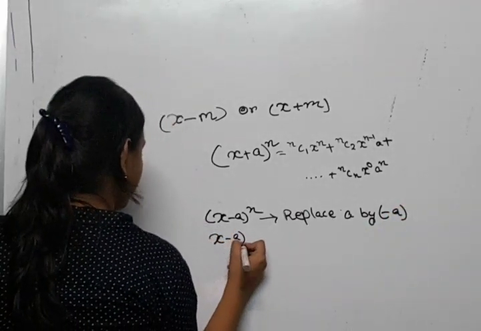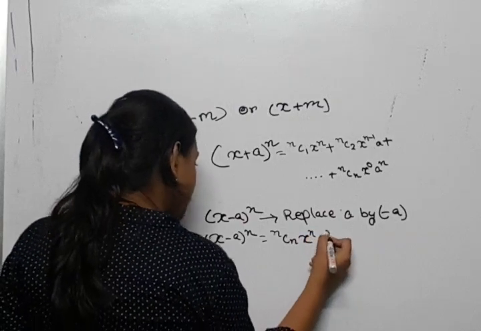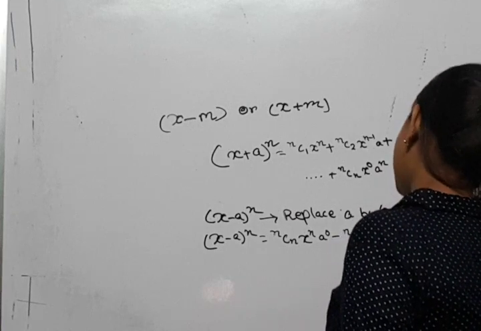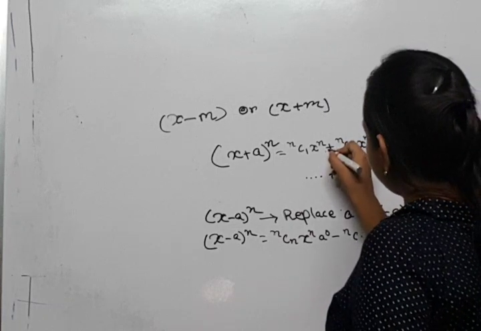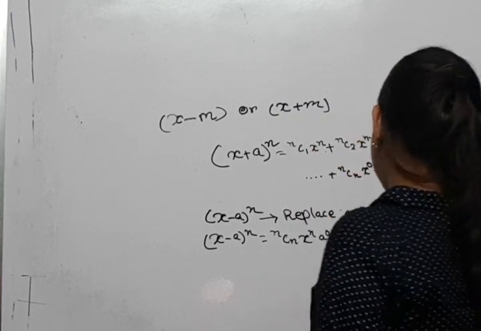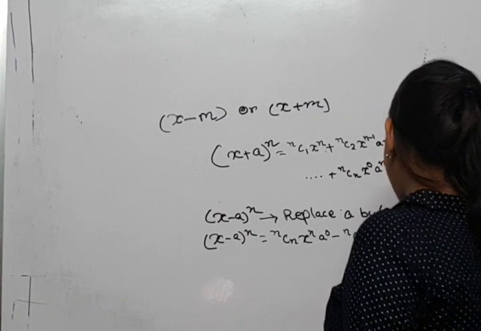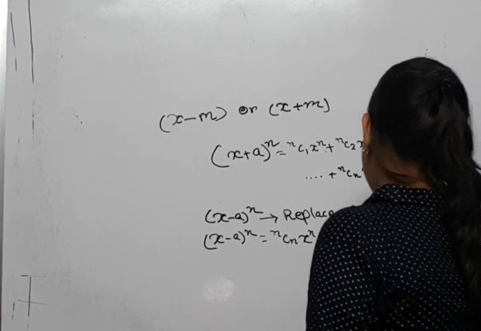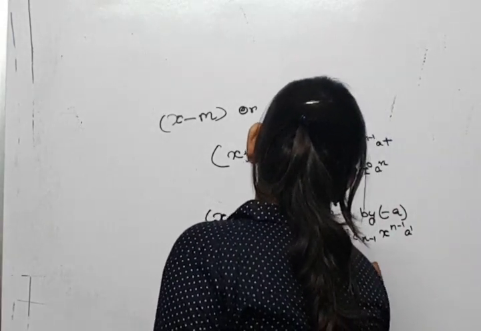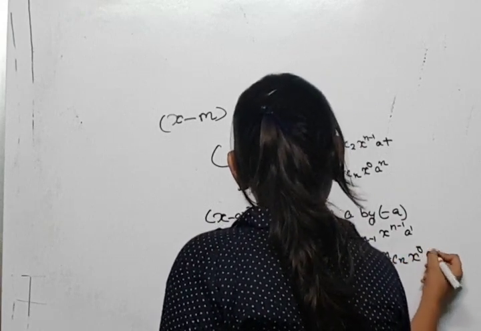Now x minus a whole to the power n is equal to nC0 x to the power n a to the power 0, minus nC1 x to the power n minus 1 a to the power 1, that is a, up to minus 1 to the power n into nCn x to the power 0 a to the power n.